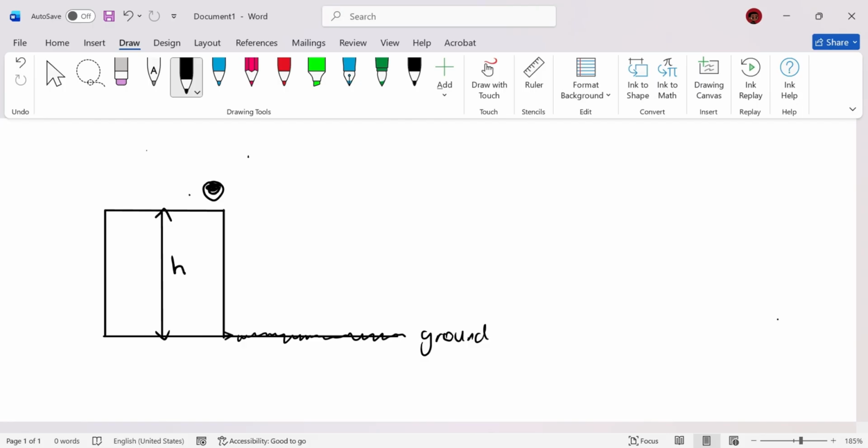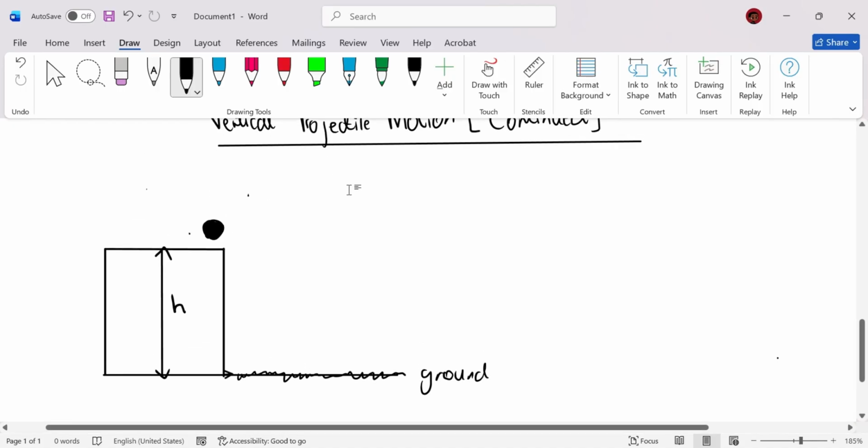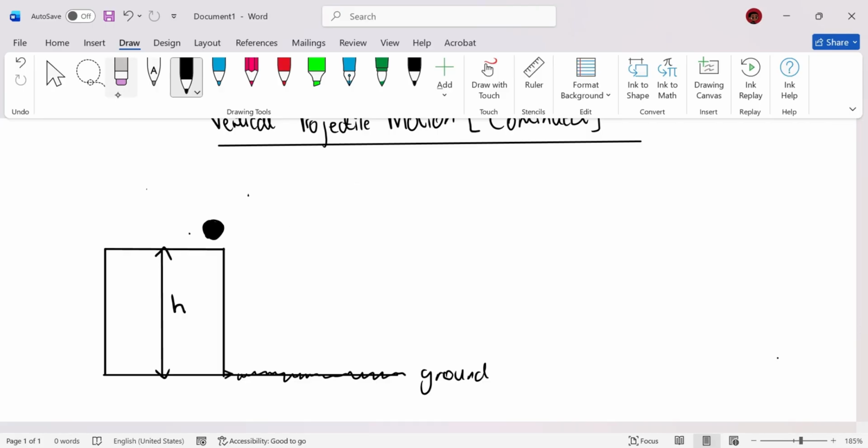We're going to call this ball. So what happens initially is that this ball is thrown upwards. This ball goes up and then it eventually comes back down.